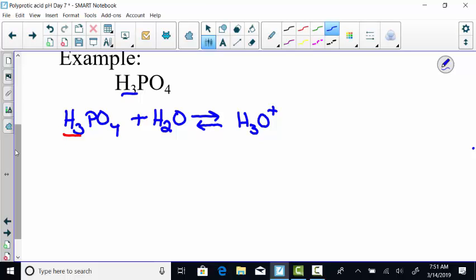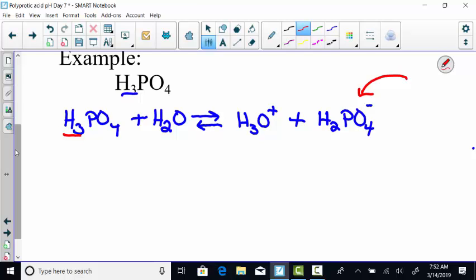So you will get H2PO4, but then there are still 2 hydrogens left, and that H2PO4 has a 1 minus charge. This charge seems to be an issue that people are having.